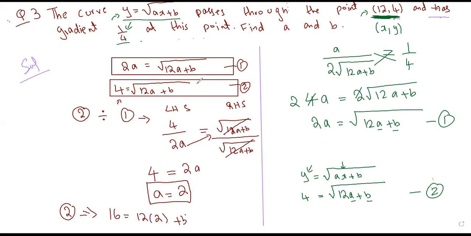Okay, so basically I've squared both sides. This would be cancelled. 4 squared is 16, and then I have 12a plus b. Instead of a, I plugged in 2. And now I'm going to make b the subject. 16 minus 24 equals b. So b is minus 8. This is going to be the answer. So a is 2 and b is minus 8.